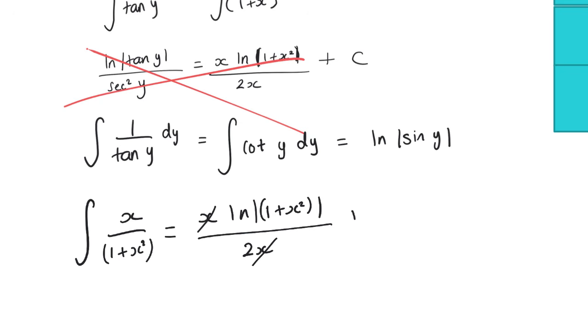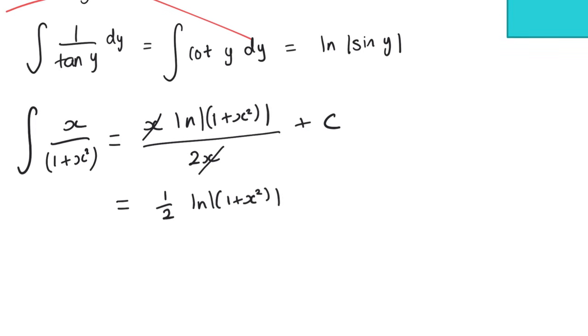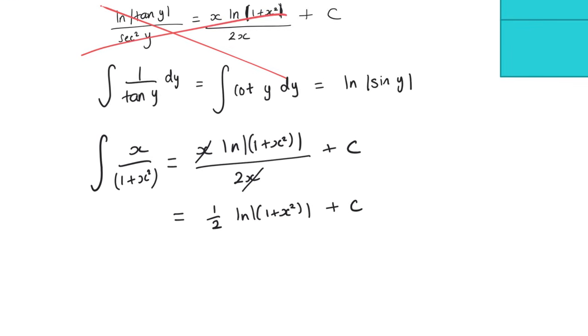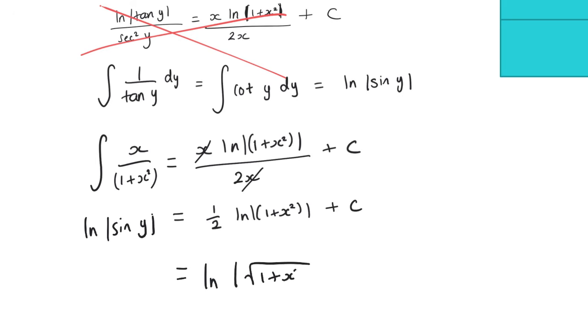The x's are going to cancel, which gives us a half ln of 1 plus x squared, plus c. And this is ln of sine y. Now, before we e both sides, what would be a practical thing to do? Get rid of the half. So we're going to get ln of the modulus of root 1 plus x squared, plus c.